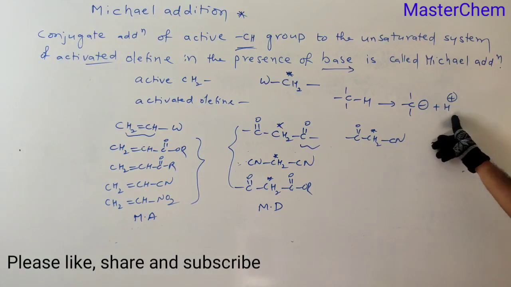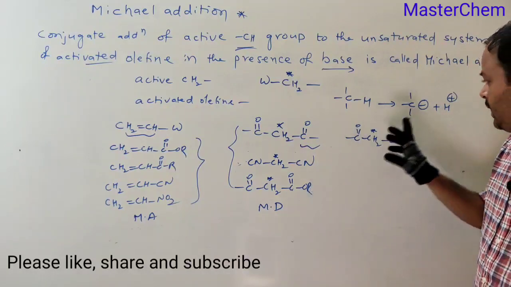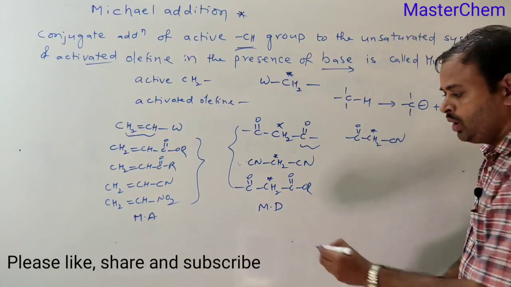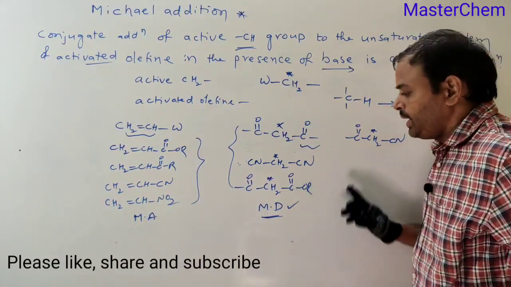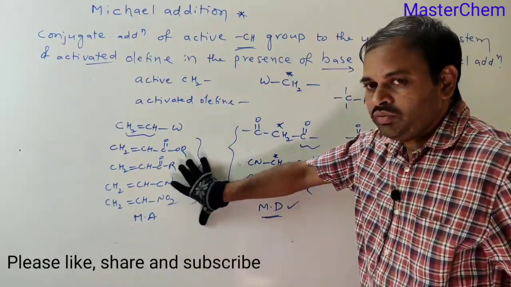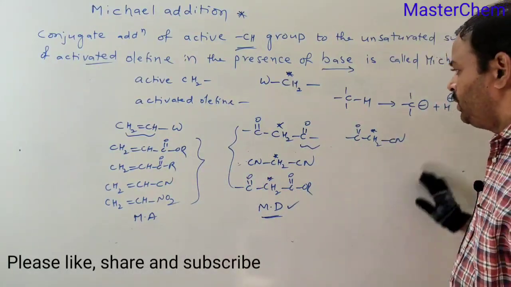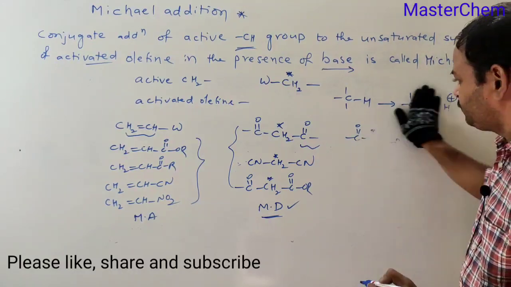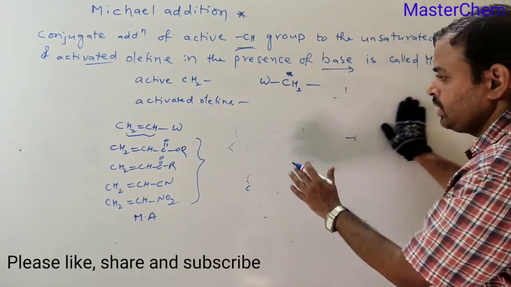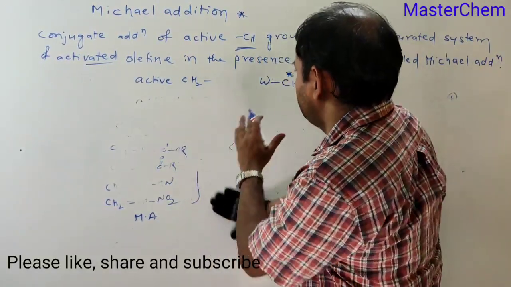Active methylene compounds give a proton, that's why they are the Michael donor. As this proton is accepted by the activated olefin, it is called the Michael acceptor. Now, what is the reaction? The active methylene compound reacts with the activated olefin in the presence of a base.